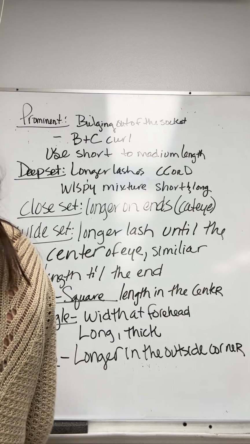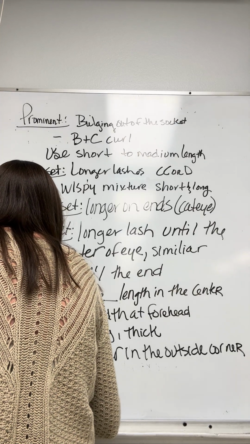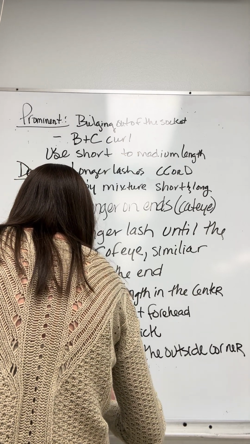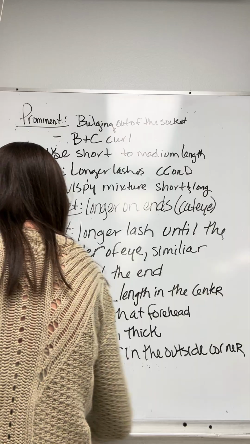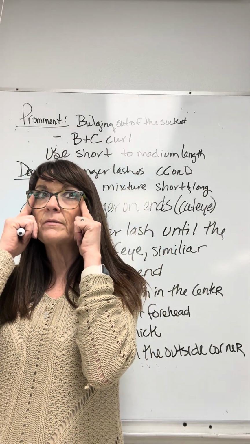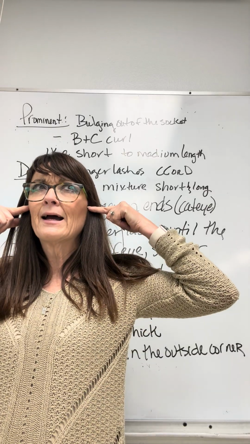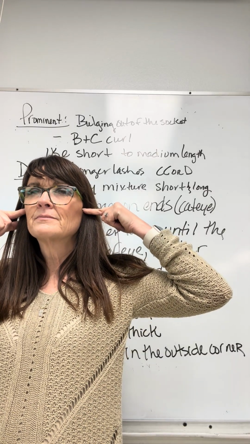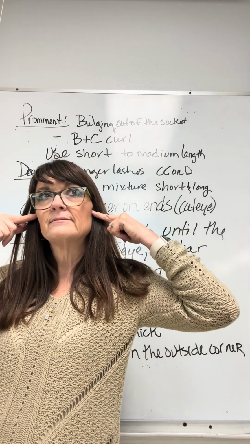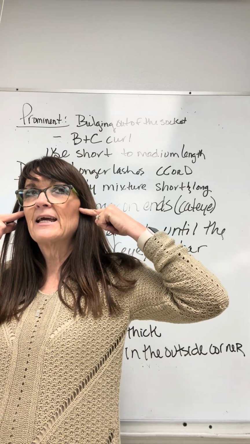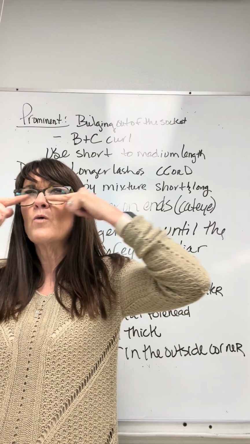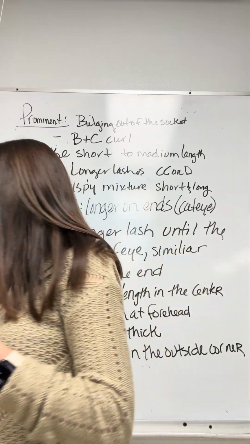So for diamond and heart, it wouldn't seem to me like you would put longer ones on the outside edge. Maybe you would use more of a medium because this is where they're wide. So that doesn't really make sense to me. I veto that. It could be a mistake, who knows? But I don't know if I'd go super, super long on that outside if they're already wide through here. It doesn't make a whole lot of sense.